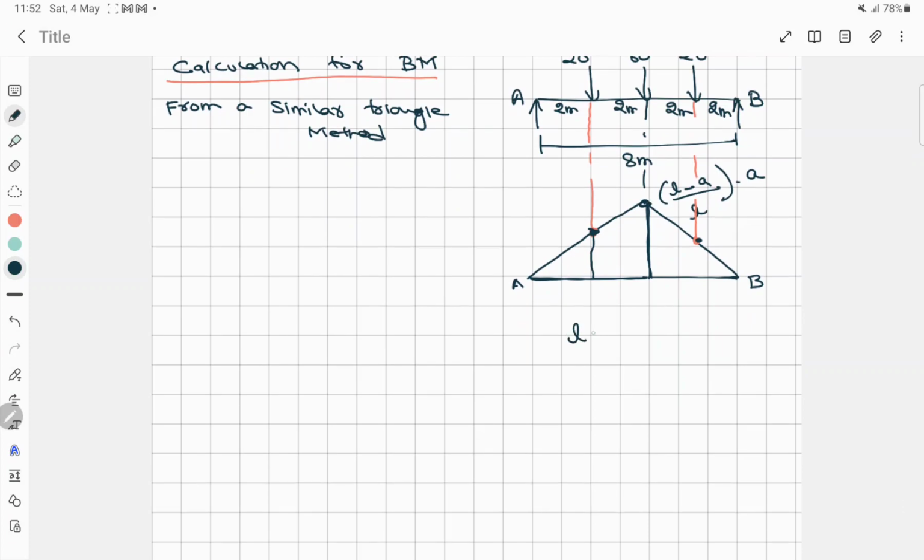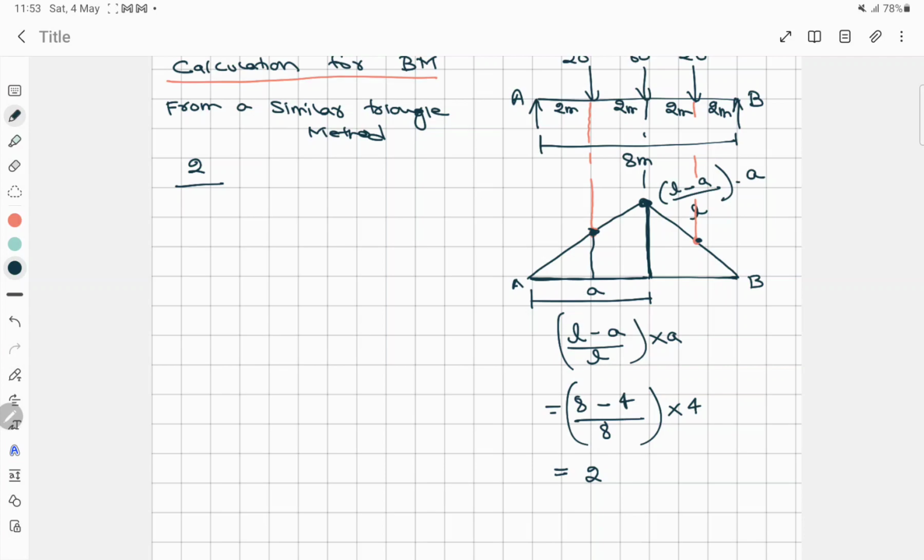It was L minus A by L into A. So L is the total length, that is 8, minus A, the distance from here to here, that is 4, divided by 8 into A is 4. So we'll be getting the value of maximum bending moment as 2. Now we have a value for this. So now we can easily put it in the similar triangle method, that is 2 by the A value is 4, right? 4 is equal to the unknown.